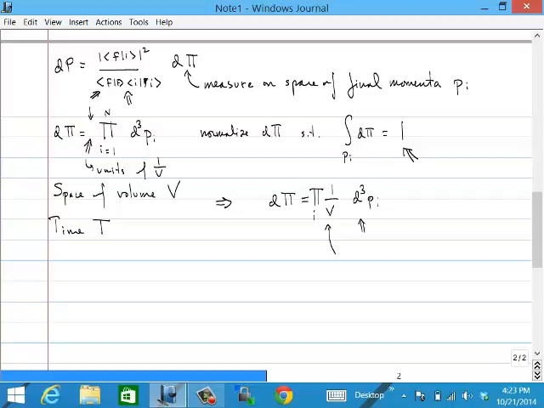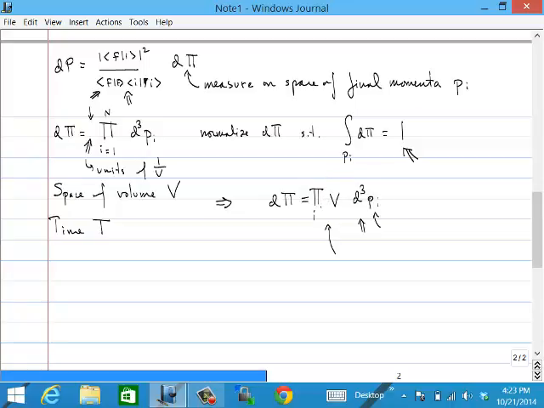Yes, dΠ should integrate to 1. Yes. Oh, I'm sorry. That's because there's a V here. Sorry about that.